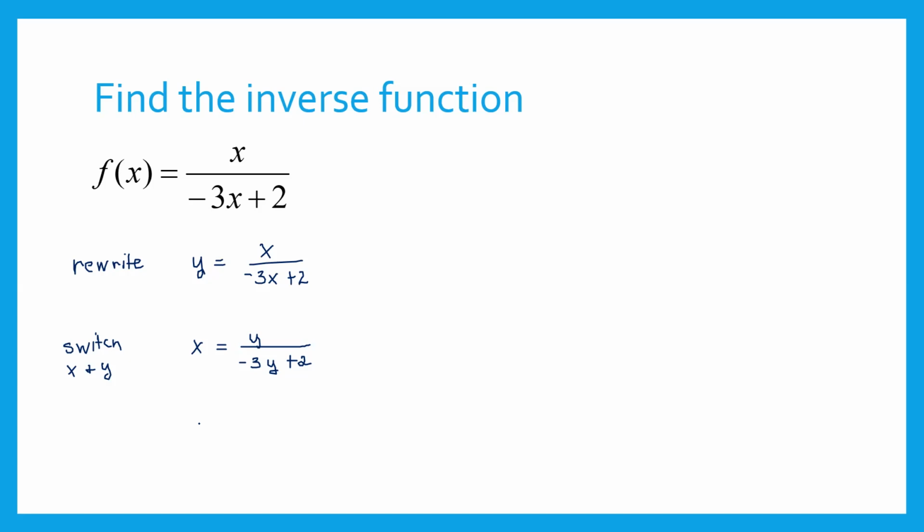Now I have to work at reorganizing the formula to get it solved out for y. So my next steps are to actually solve for y. And in order to do that, because the fraction exists on the right-hand side of this formula, I am going to make the left-hand side of the formula also a fraction.